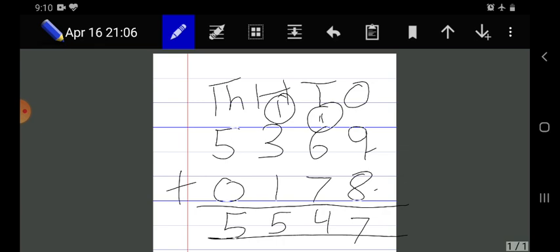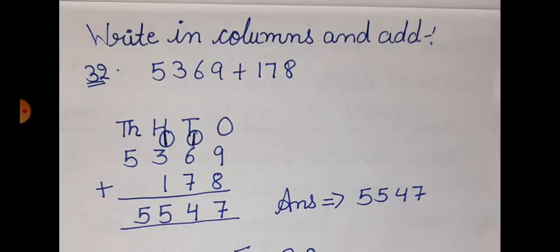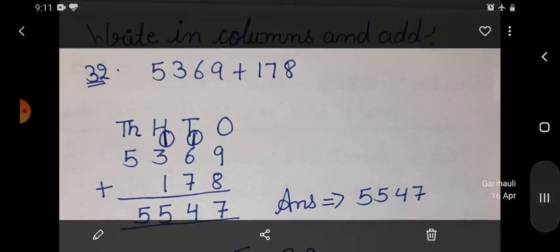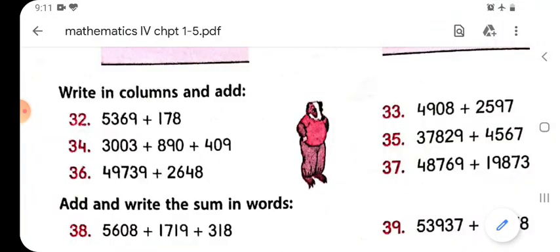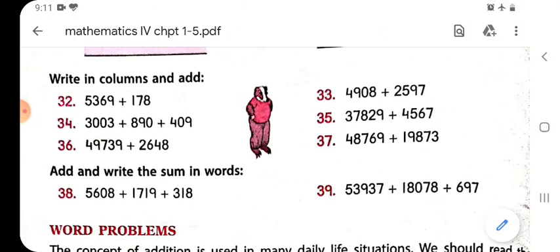So the answer will be 5547. I have done it here also, and you will write the answer separately also. Answer is equal to 5547. Simple one.